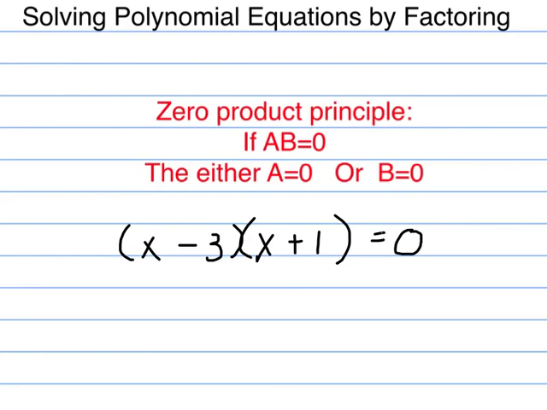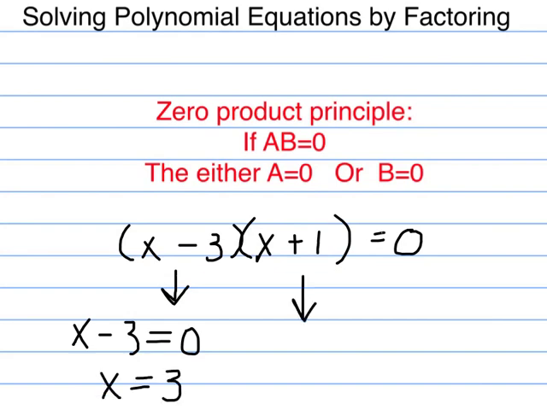We can actually find the solution to this by setting x minus 3 equals 0 and adding the 3 over, so we get x equals 3, or taking x plus 1 equals 0, subtracting the 1 over, and we get x equals negative 1.